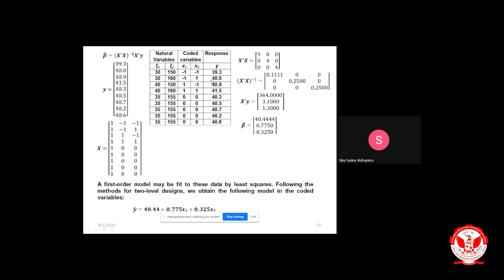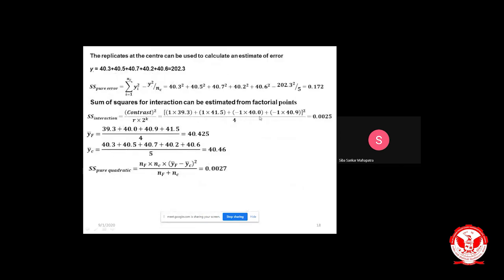So multiply this 39.3 by 1, then 40 by minus 1, 40.9 by minus 1, and 41.5 by 1. That is the contrast we have taken here.